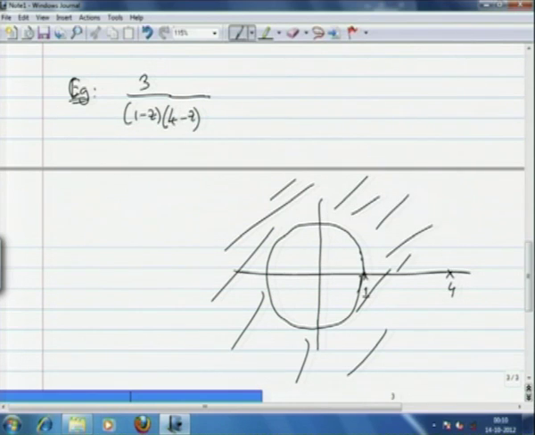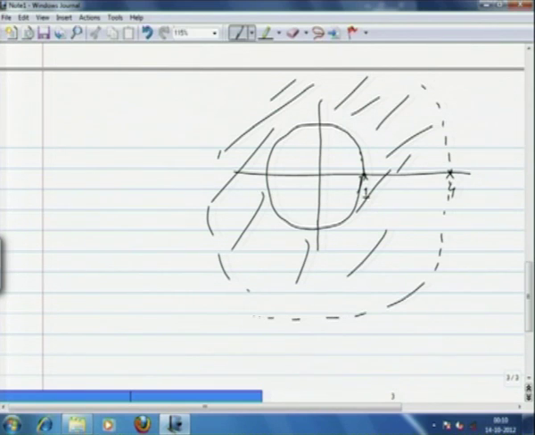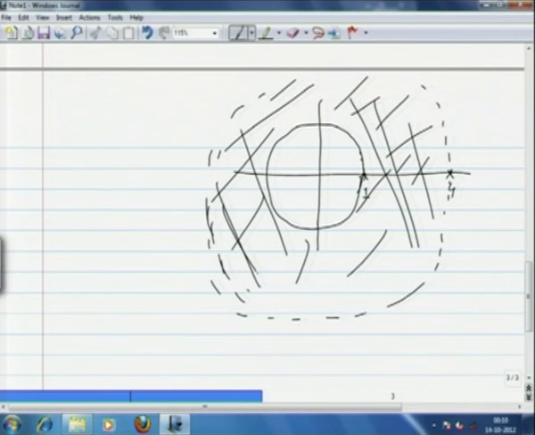We also know that we can expand 1 by 4 minus z inside a disk of radius 4 around 0.